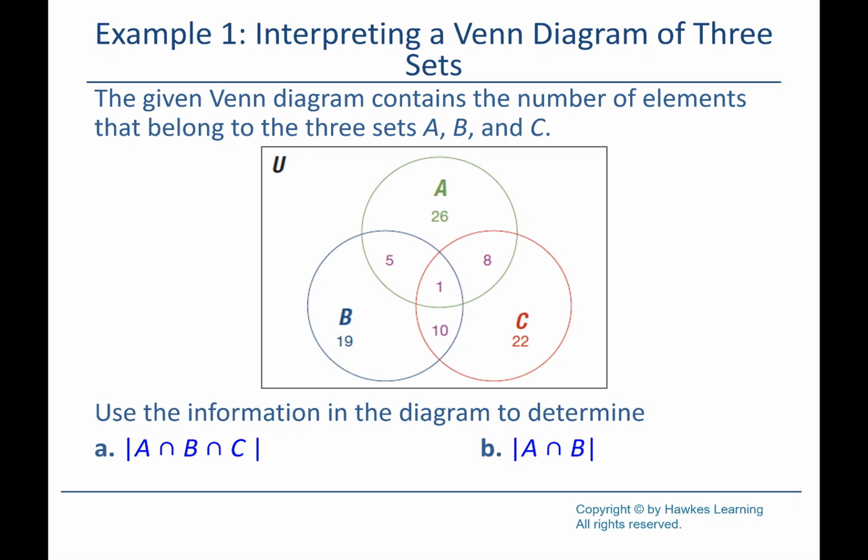B says how many elements do we have where A and B overlap? You have to be a little careful. A and B overlap, it'd be easier if I draw it here. A and B overlap here.